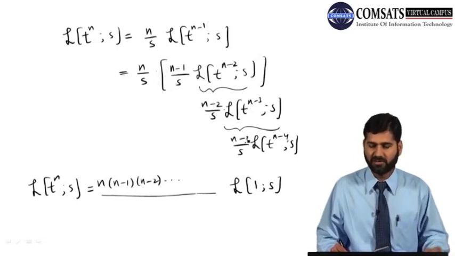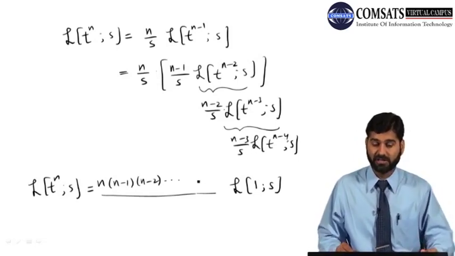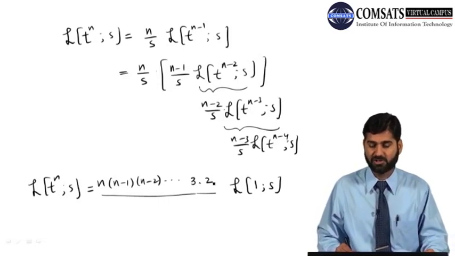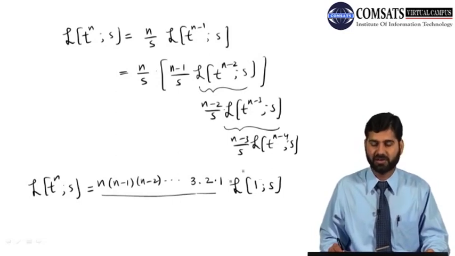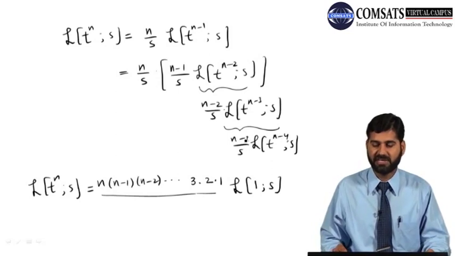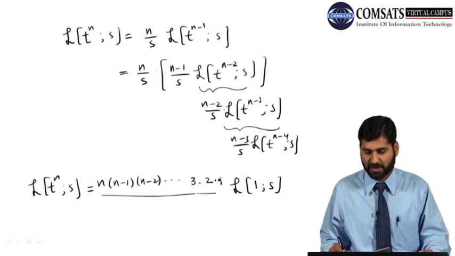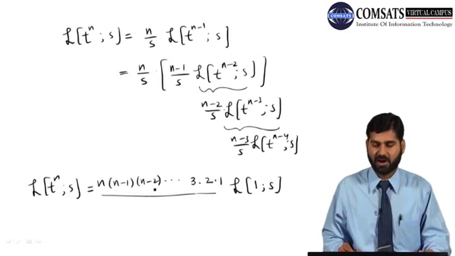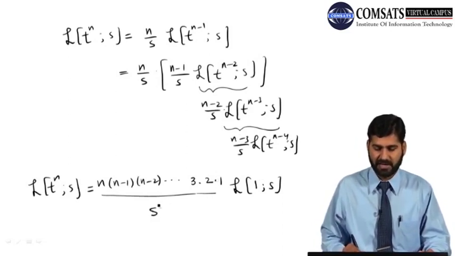So when you had 3 outside, you have 4. So when you have 3 times 2 times 1, then your t to the power 0 will occur, because there is 1 less outside. If this is 3, then this is 4. If this is 4, this is 5. All right. So if t to the power 0, then you have 1 outside. And how many s's? You have s to the power n, right?